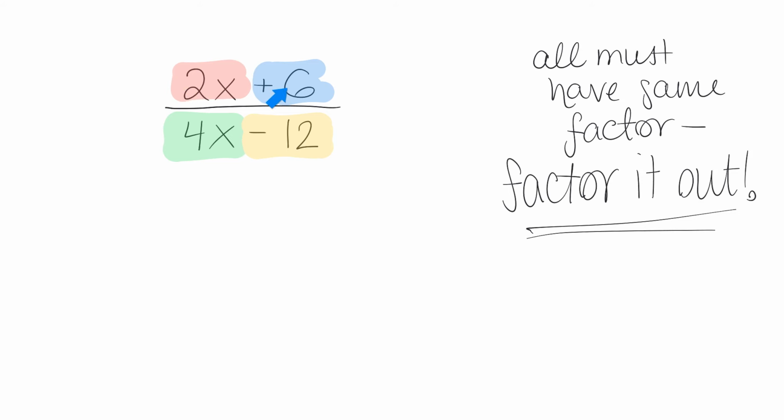So, think back to what we know about factoring. 2x plus 6, what do they have in common that we could factor out? Well, they both divide by 2. So I'm going to factor out a 2. If I do that, it leaves me with x plus 3, right? In the denominator, I have a 4 and a negative 12. Well, what's really the best thing to factor out there? I would factor out a 4. So if I factor out a 4, that's going to leave me x minus 3.